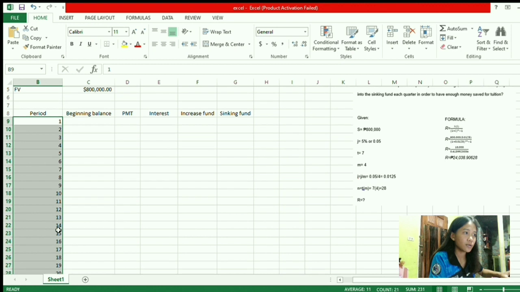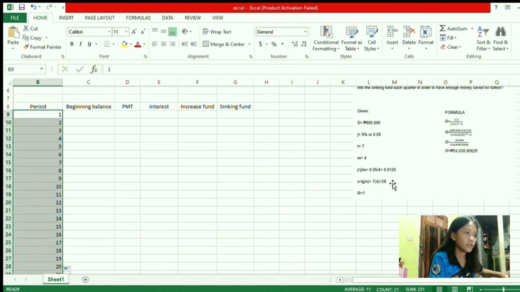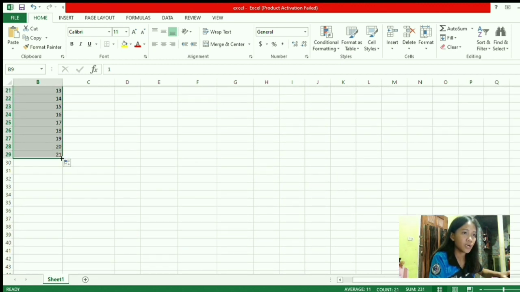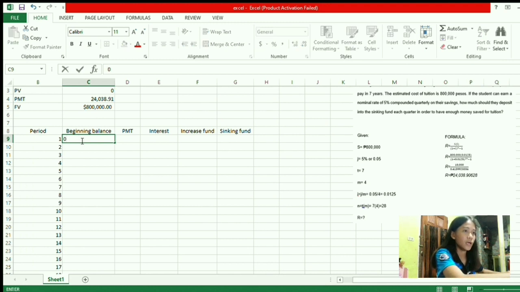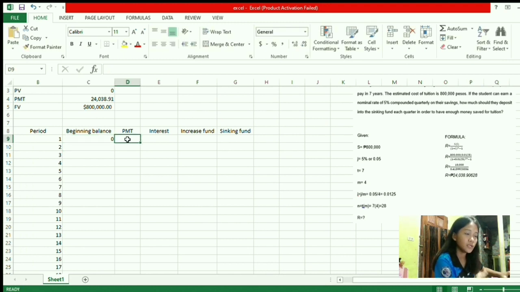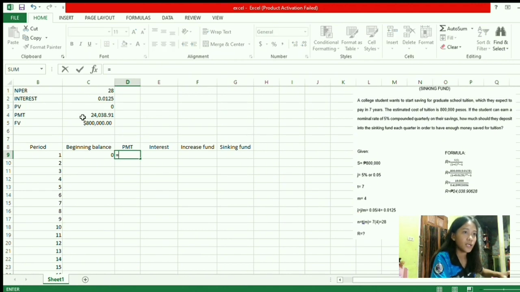Since our period here is 28, we need to drag down again until we reach 28, and then there. Our beginning balance for the first period is 0, and our PMT here is equal sign, then click the PMT at the top, and then enter.